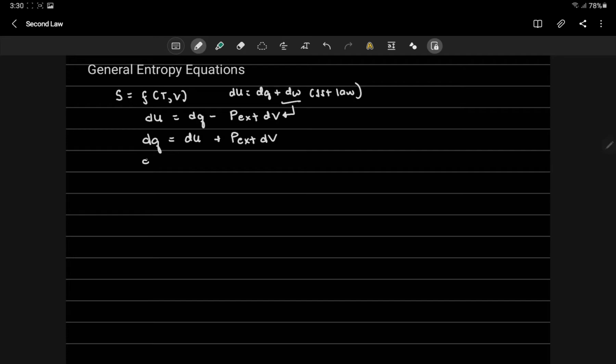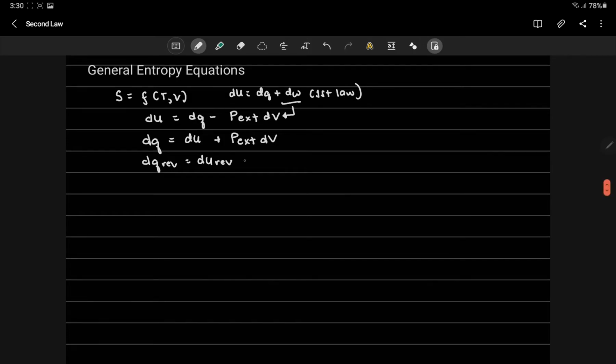So, dq reversible, and I want reversible because we would like to calculate the change in entropy. So, dq rev is equal to dU, copying the previous equation, plus pdV, because for a reversible process, the pressure of the gas is equal to the external.